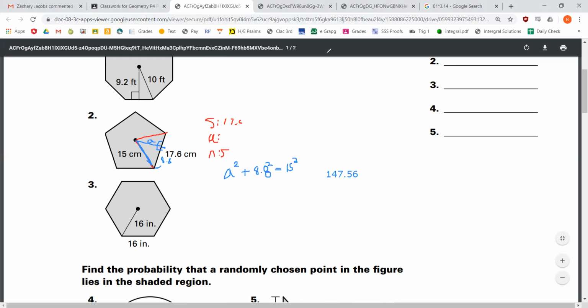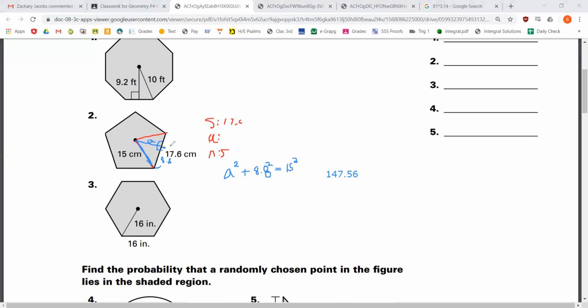So it's the distance, and I'll draw in yellow, from here to here. So it's just half of whatever this is. Remember from the last question, we had to double the 1 point something. So now we're going to halve it because we have the whole thing. So 147.56 is my a squared.